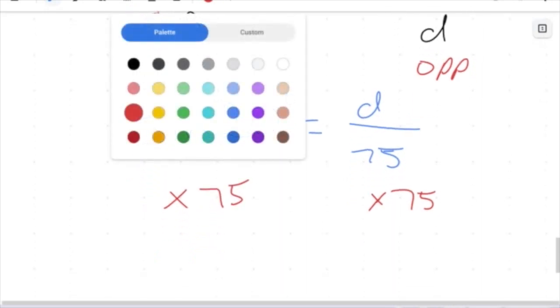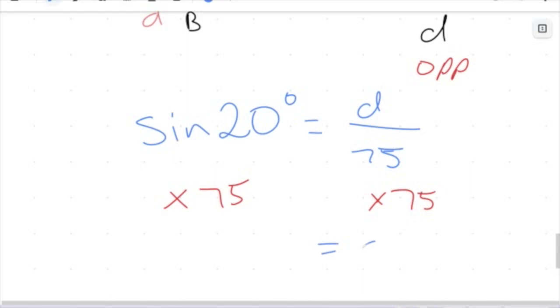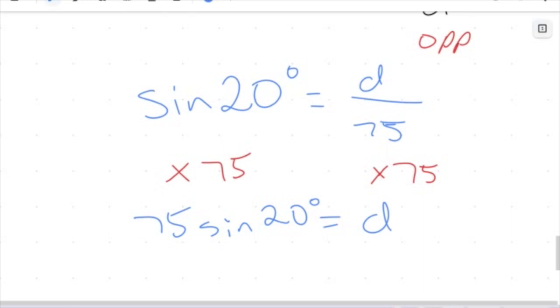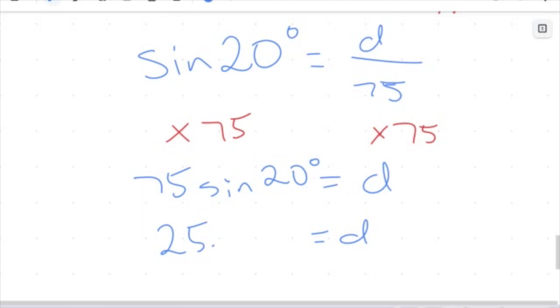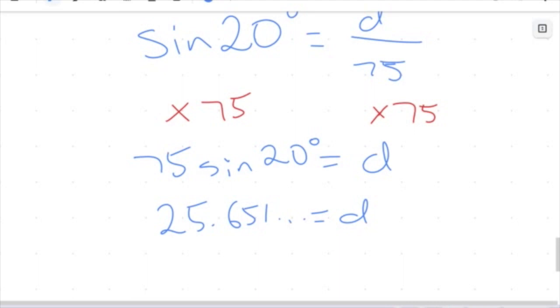And then I'm going to find that D equals 75 times sine of 20. And we're looking at the nearest kilometer here. So when we put this in our calculator, we're going to get 25.651, etc. So my D is going to be equal to roughly 26 kilometers, rounded to the nearest whole number.